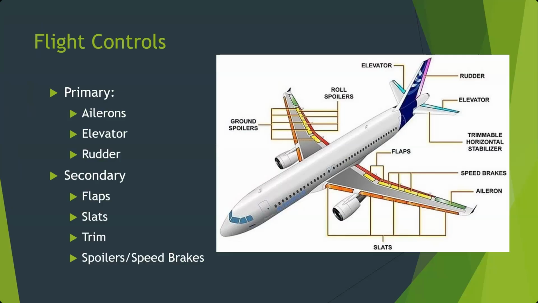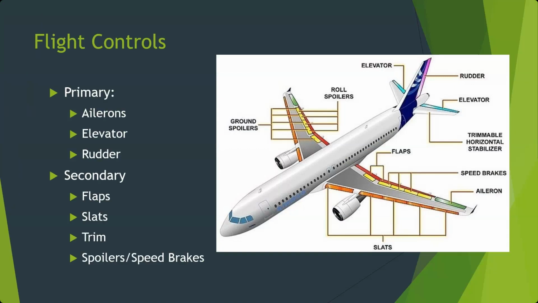Many small aircraft also have flaps as a secondary flight control, and that's no different here. Large aircraft, transport aircraft, all use flaps to increase lift at slow speeds. But sometimes the flaps aren't enough, and so most transport aircraft also have slats on the leading edge, which are panels that are able to droop down.